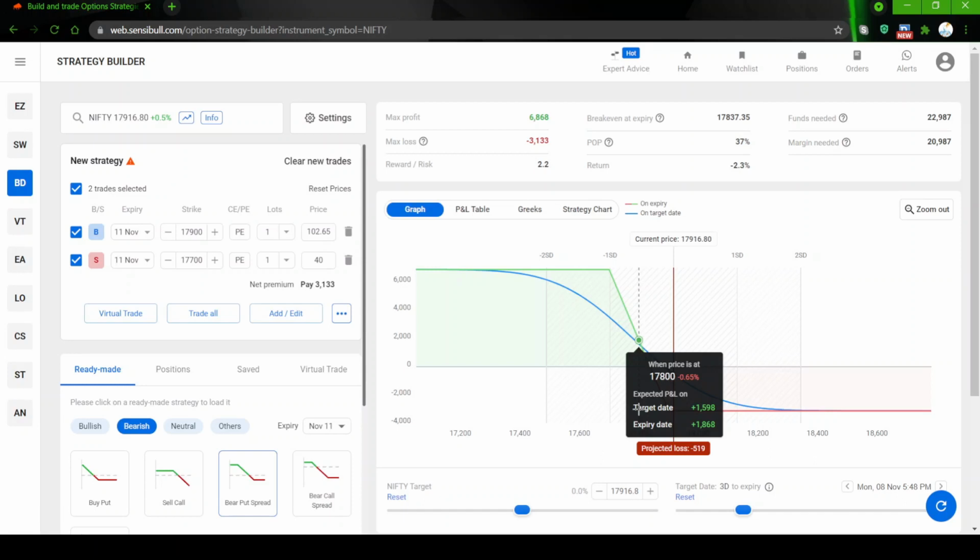I just wanted to make it clear that in the money means it is not in profit, and out of the money means it is not completely in loss. So things are different here. To make a better understanding, I am making a video on option basics. That video will come probably in some time.